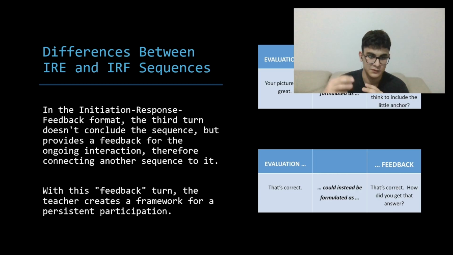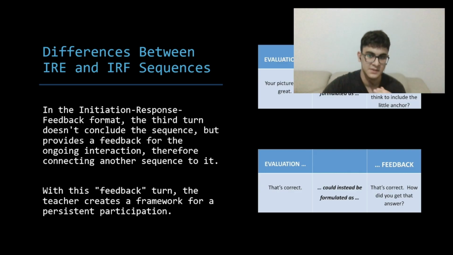It connects everything to each other, making for a more flexible conversation between the students and the teacher. With this feedback turn, the teacher creates a framework for persistent participation.